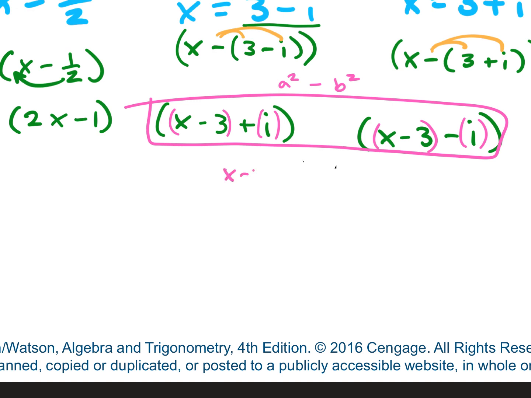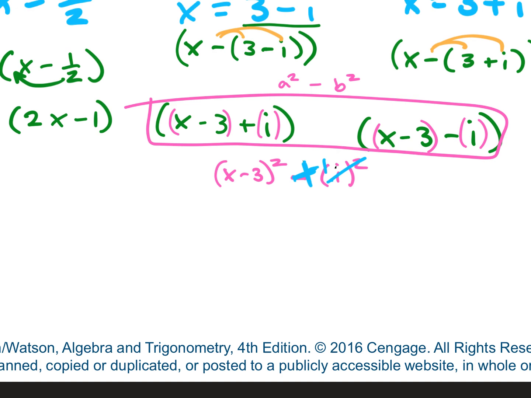So we have x minus 3 squared minus, it's always minus in the middle, i squared. So i squared is negative 1, and what's minus negative 1? Positive 1. Now what do I do for x minus 3 squared? FOIL.